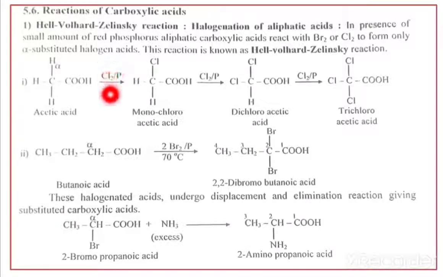Here we take the chlorine Cl2 in presence of phosphorus to form only the alpha substituted halogen acids, and this reaction is known as Hell-Volhard-Zelinsky reaction. This is a statement of Hell-Volhard-Zelinsky reaction.